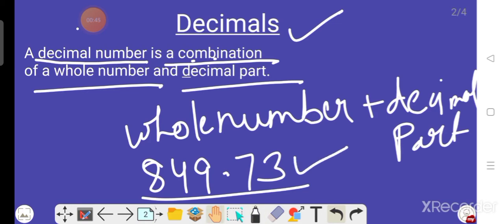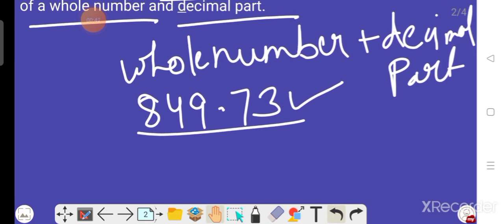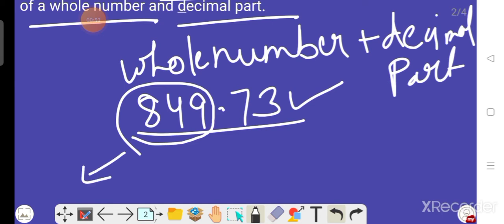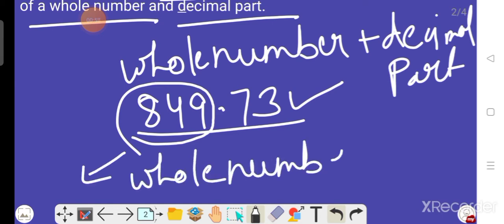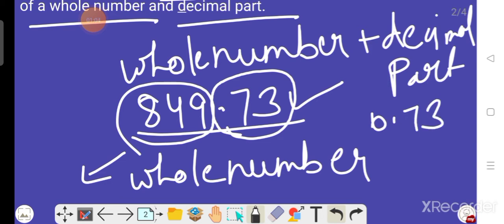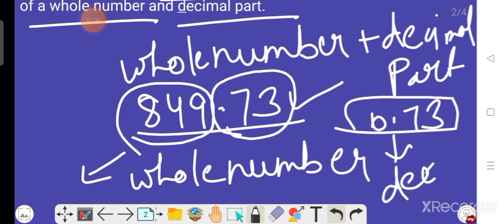Okay, and in this number, this 849 is a whole number, and the number that we have written with point is the decimal part, and that is 0.73. This is the decimal part.